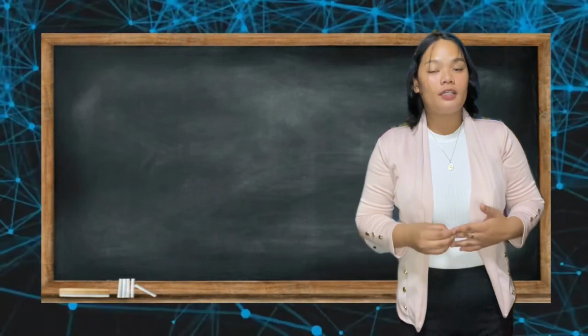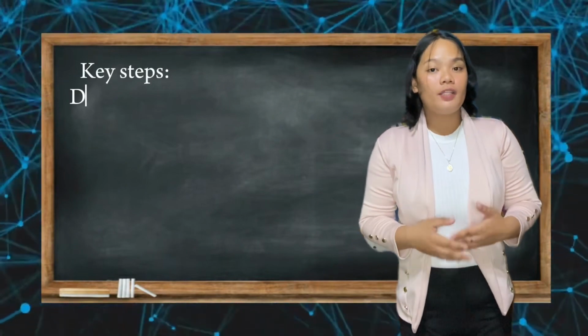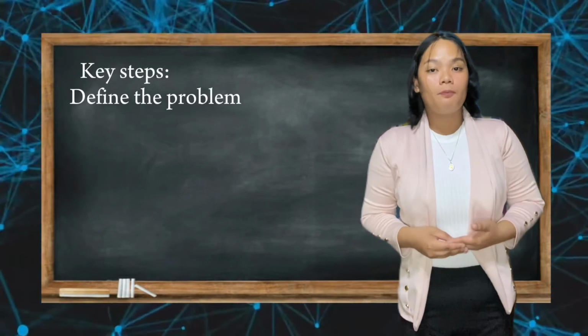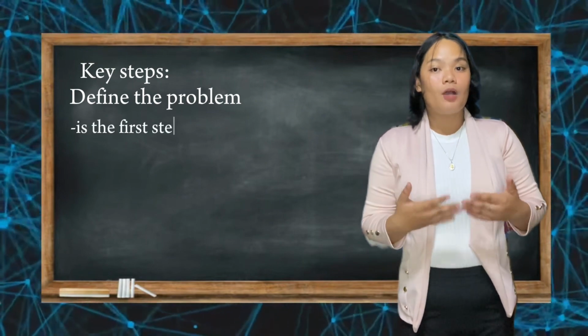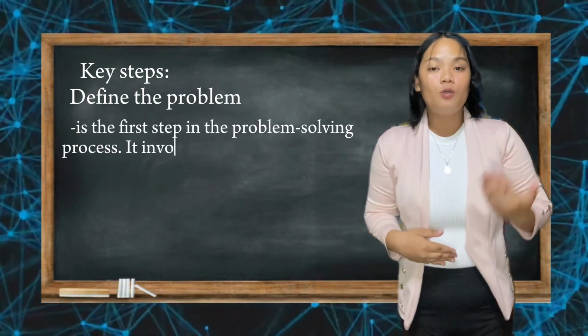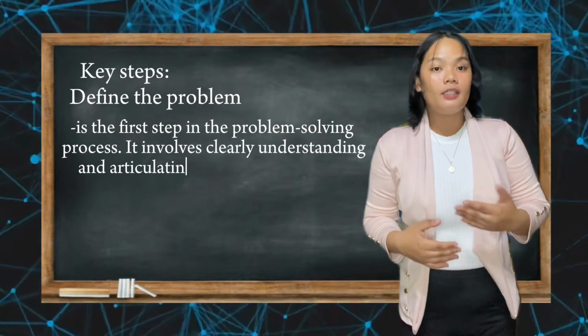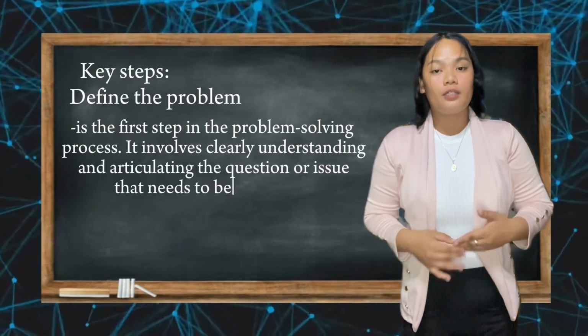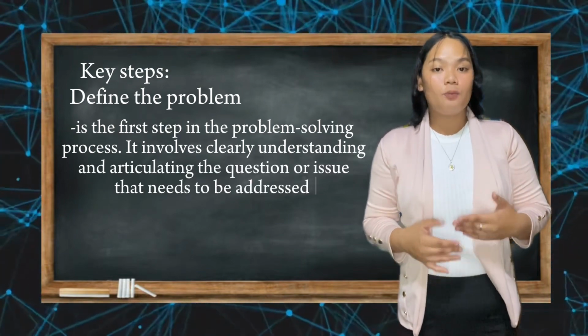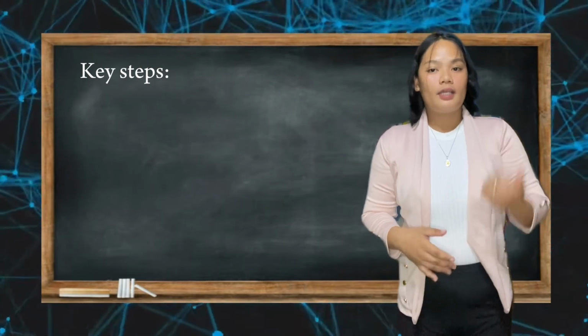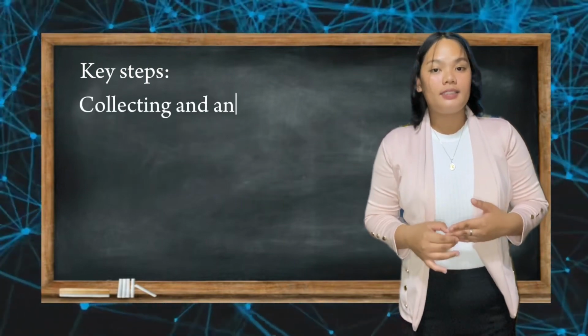So we have here the steps. First is defining the problem. Defining the problem is the first step in the problem-solving process. It involves clearly understanding and articulating the question or issue that needs to be addressed. Second is collecting and analyzing data.